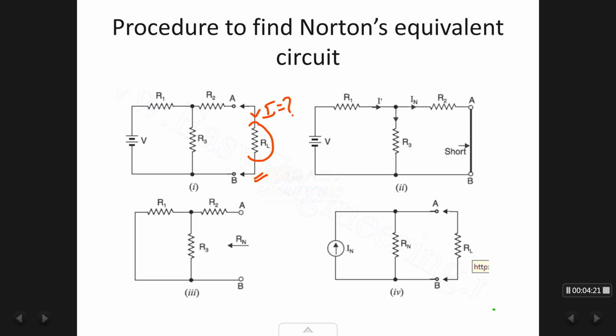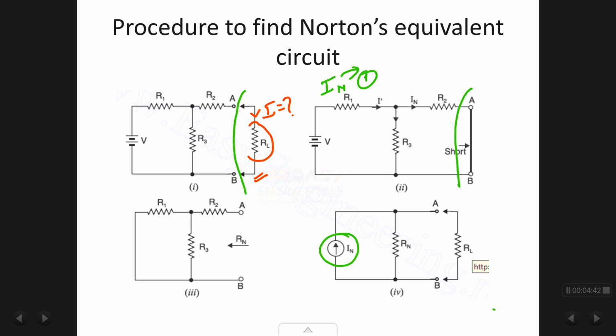Step 1, we will discuss how to find the current IN. In step 1, I keep the network to my left the same.